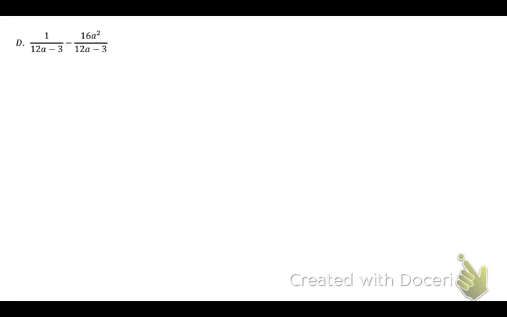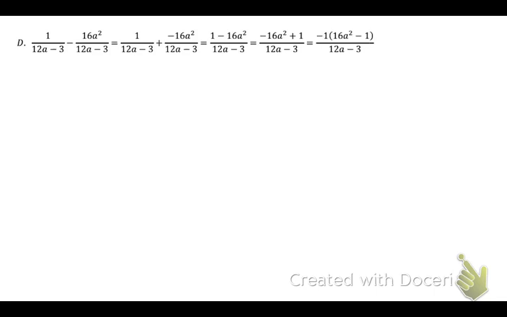Cool? Let's do this one. Distribute the subtraction sign. First thing, every single time, distribute that dang subtraction sign. Combine, so you get 1 minus 16a squared over 12a minus 3. Put that in standard form, so you get negative 16a squared plus 1 over 12a minus 3. Remember, whenever you have a negative sign, you have to pull it out.